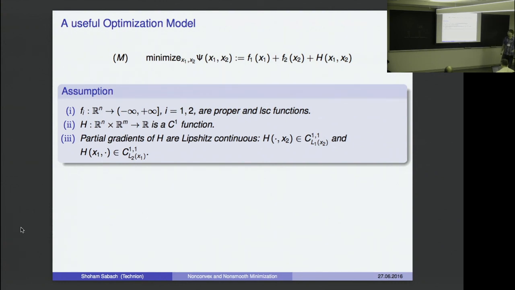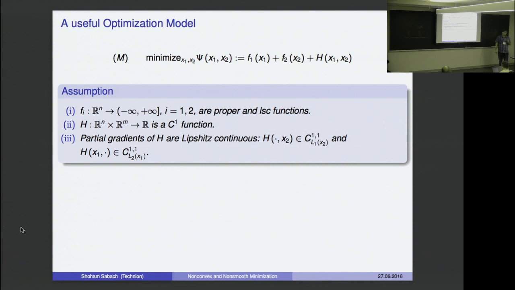Otherwise it's a completely separable model. But this function should be smooth. And not only smooth, we assume that if you fix one of the blocks and differentiate the function with respect to the other block, then the partial gradient is Lipschitz continuous. So it's Lipschitz continuous if you fix one block, and it's also Lipschitz continuous if you fix the second block.